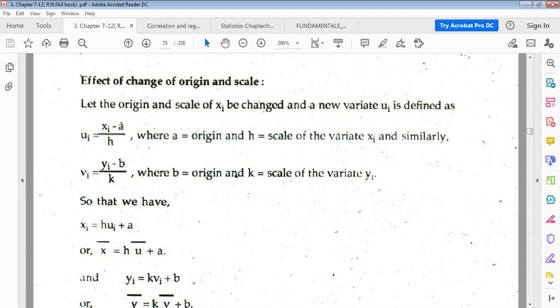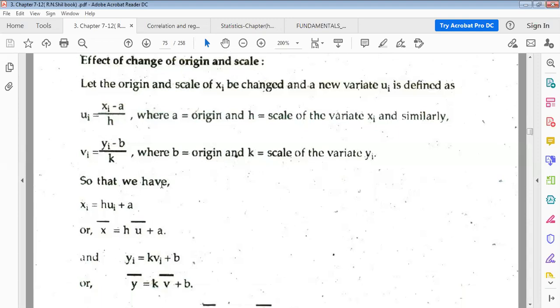Actually, a is the origin, that means the assumed mean, and h is the scale, the length of the class interval, for grouped data. Similarly, vi equals yi minus b divided by k, where b is also the origin or assumed mean for the y data, and k is the length of the class interval for the y data.